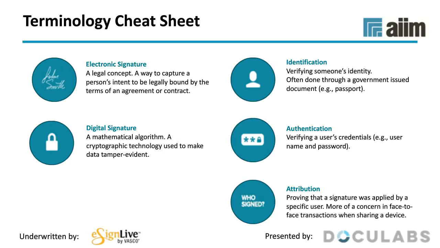Next, we have authentication, and that's the process of verifying user credentials, which is most often a password, prior to giving access to a system based on the identity. And finally, we have attribution, which is the process of proving who actually clicked to apply an e-signature. Questions of attribution often come up when looking at processes where staff interacts with customers in a face-to-face environment using the click-to-sign method on a shared device and helps prove who is actually holding the mouse.